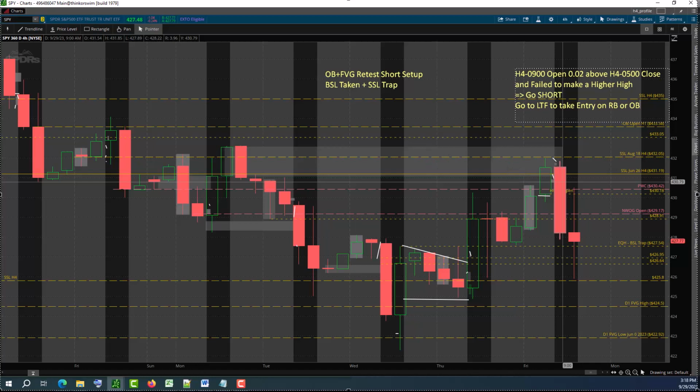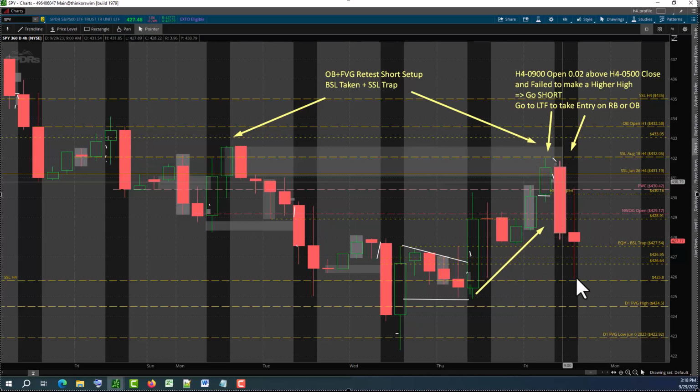So yeah, let's do that. So we have order block right there, right? And we have retest, right? And also this points to this candle, and also this candle right there. See that? And here's the sell side liquidity trap. Okay, you see that?